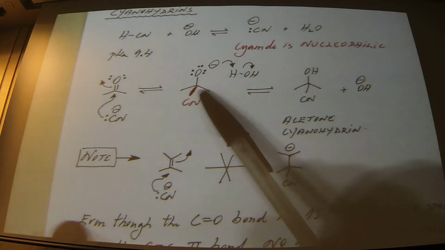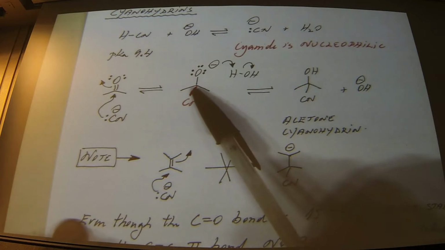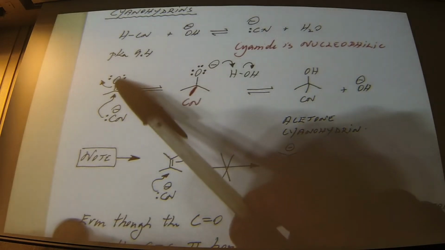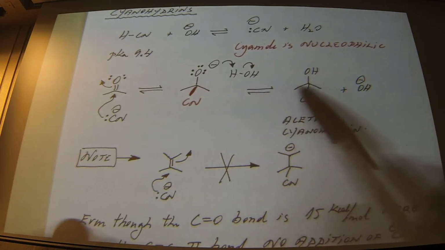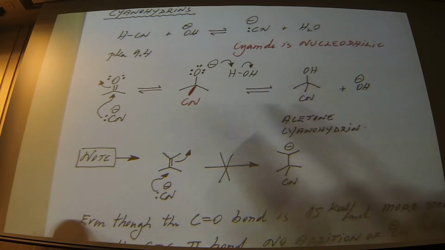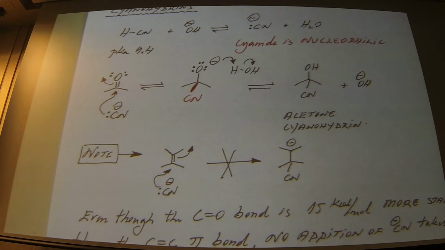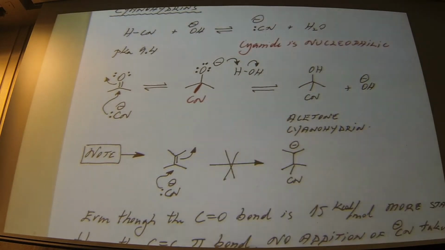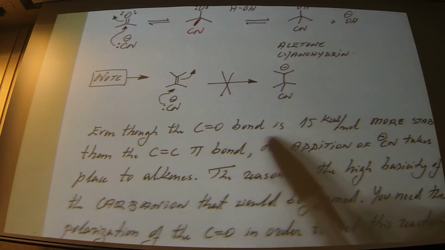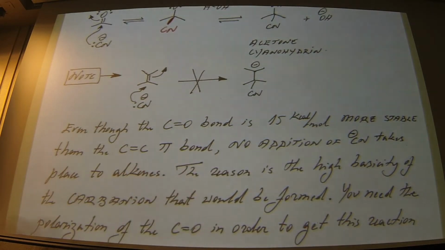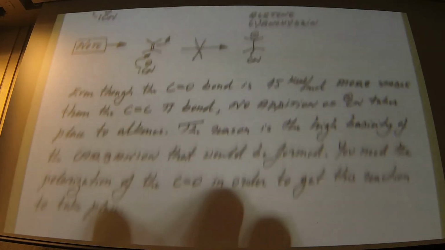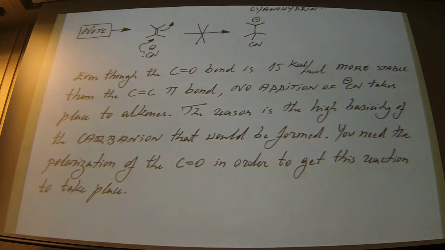The fact that you have this polarized carbon-oxygen bond means that you are able to get this kind of nucleophilic addition. Notice this happens even though the carbon-oxygen double bond is about 15 kcal per mole more stable than this bond. The reason is the high basicity of the carbanion that would have to form.